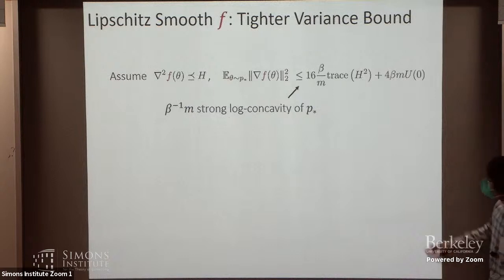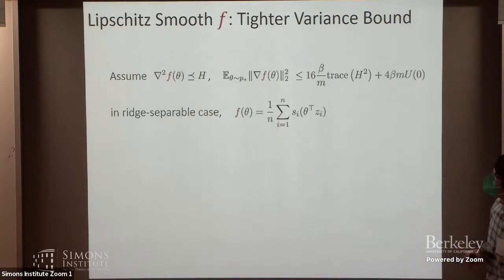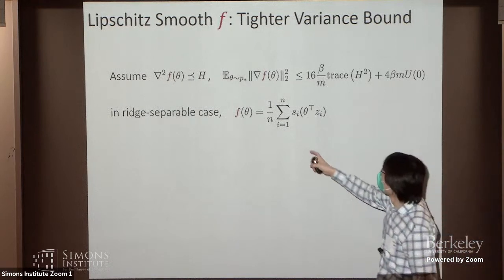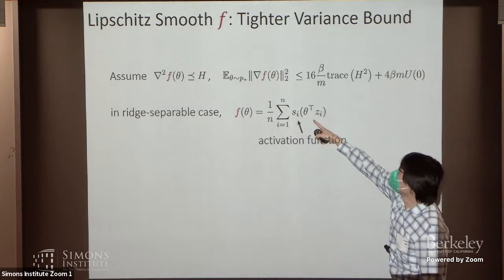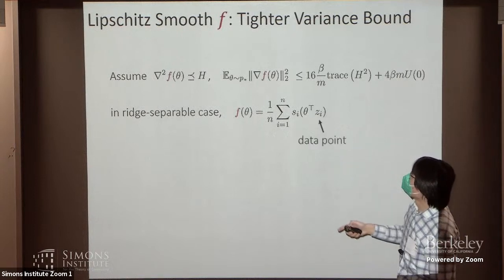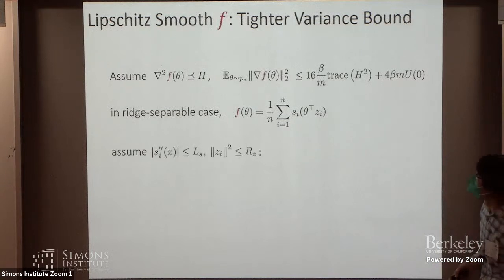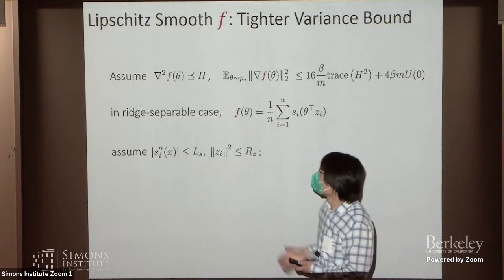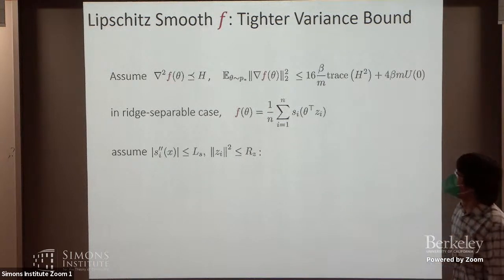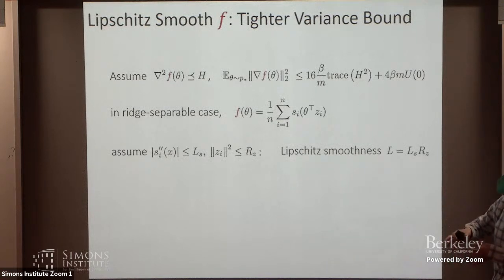And so, in the rich separable case that Wenlong just talked about, which is activation functions over an inner product of theta, the parameter, times the data points, assuming that the second derivative of the activation function is bounded and that the data is distributed in a bounded region, then the Lipschitz smoothness of each individual log likelihood is Ls times Rz.